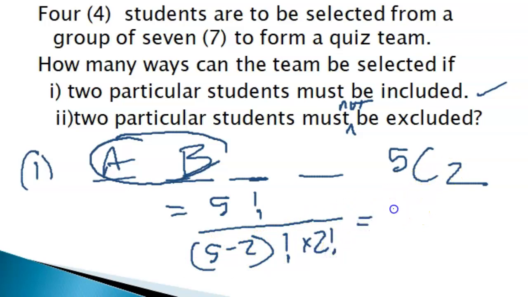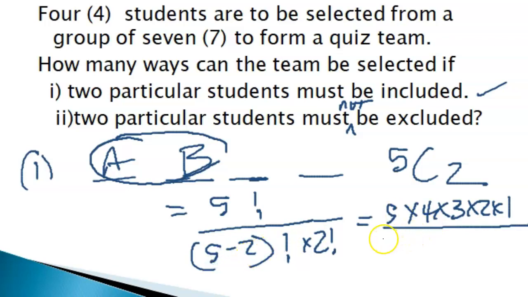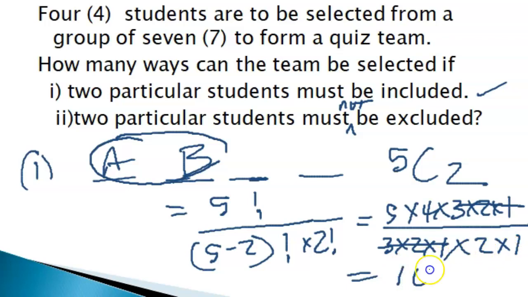So 5 factorial, that's 5 times 4 times 3 times 2 times 1, over 5 minus 2, that's 3 factorial, that's 3 times 2 times 1, times 2 factorial, that's 2 times 1. So down here, 3 times 2 times 1 cancels 3 times 2 times 1 up here. So the solution is 5 times 4, that's 20, and 20 divided by 2, that's 10. So the answer to part 1 is 10 ways.